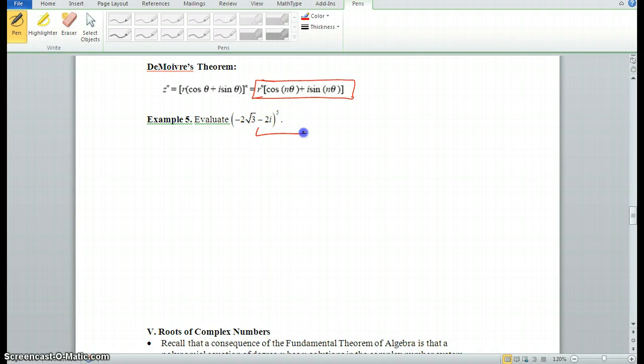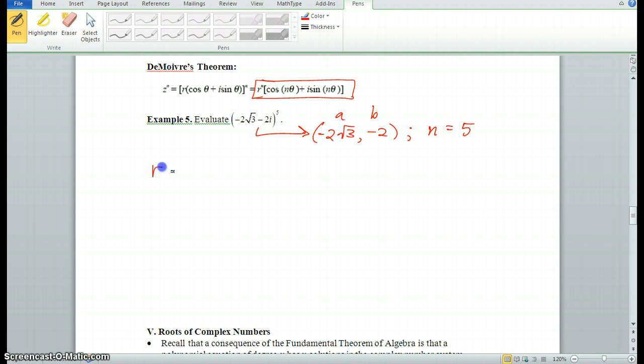To get the ball rolling, I want you guys to maybe note that the ordered pair a comma b, negative 2 root 3 comma negative 2, is something that, again, we need to go back and make connections to, even graphically speaking. Let's also identify our n value. In other words, what are we raising this complex number to? It's raised to the 5th, so n is equal to 5.